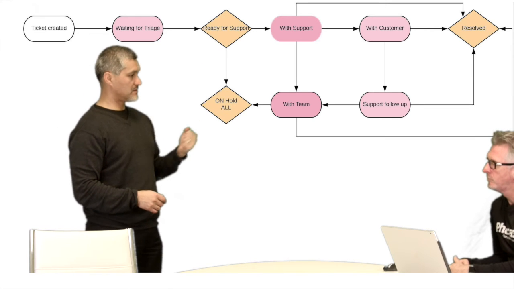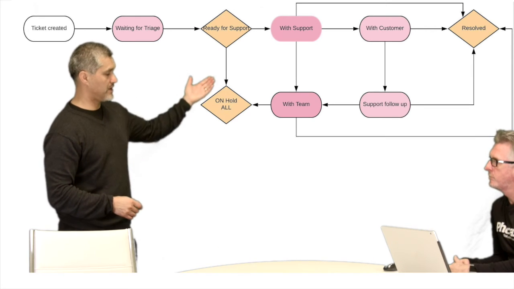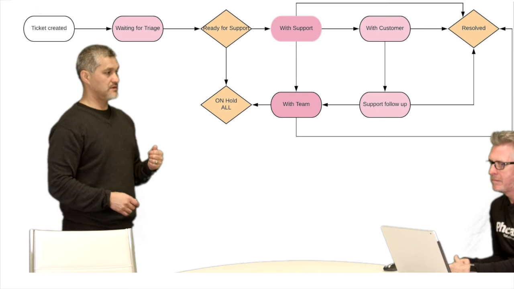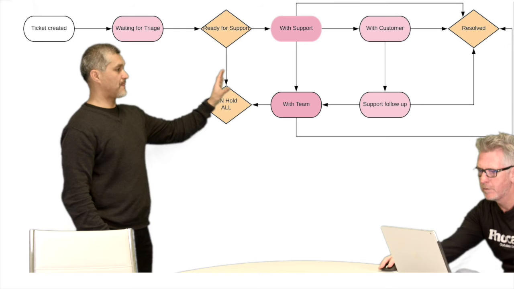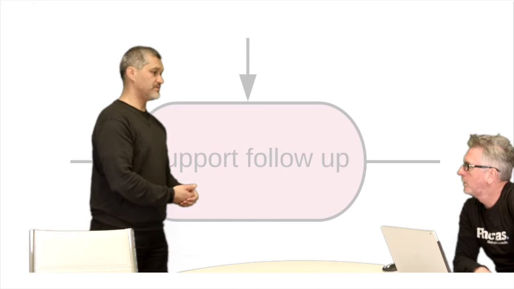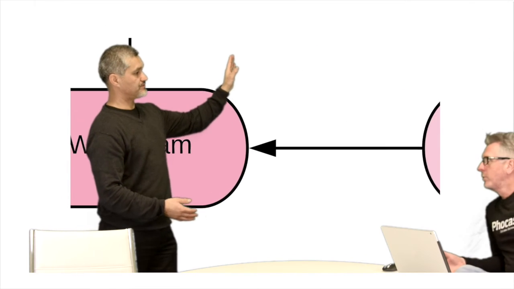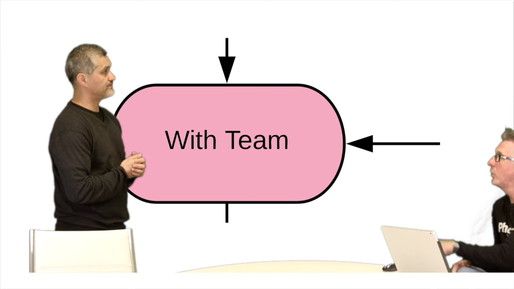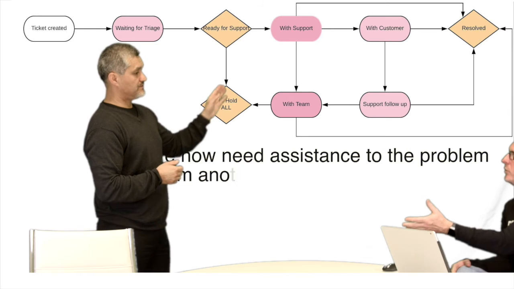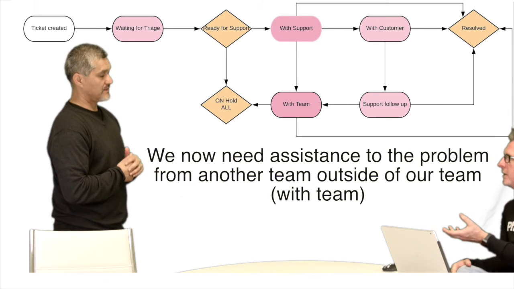So now we have a new clock starting for how long it takes to close this ticket. That's now ticking over. Now when it's with support, we may need assistance from your team, or from a product and platform team, or from an external provider, or some other team that you're not measuring. So you've passed along that case to me.